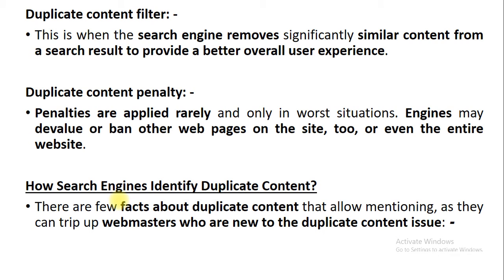Next is called duplicate content penalty. Generally penalties are applied rarely, or in the worst situations. They cannot be applied always. If you put some duplicate content, or copy some content from another website, and the search engine gives you a penalty, such a case will not always happen, right? So generally penalties are applied rarely. But what action is performed by the search engine?